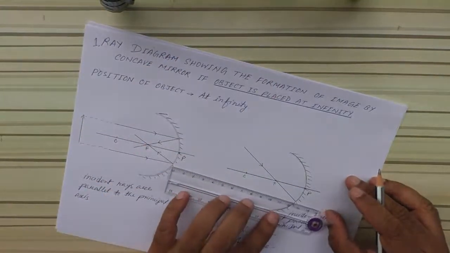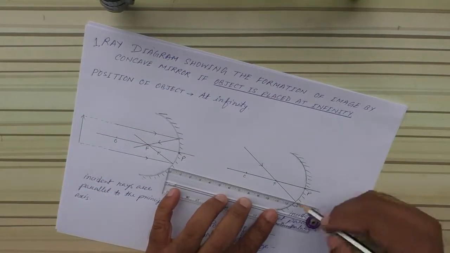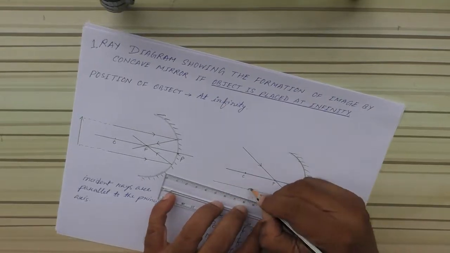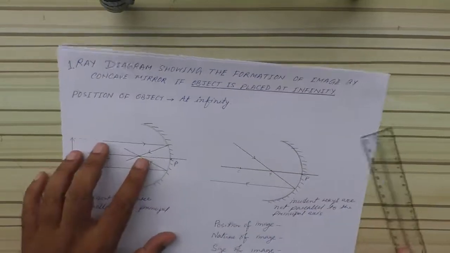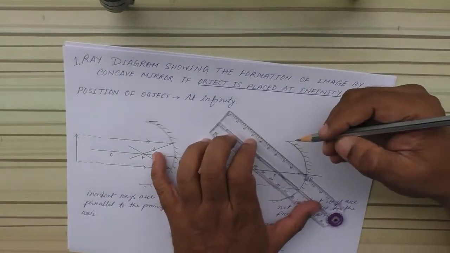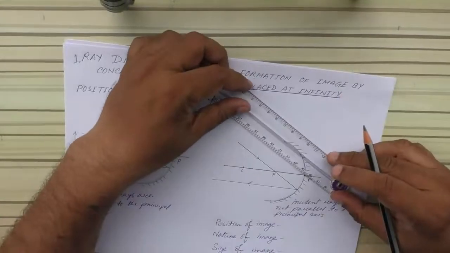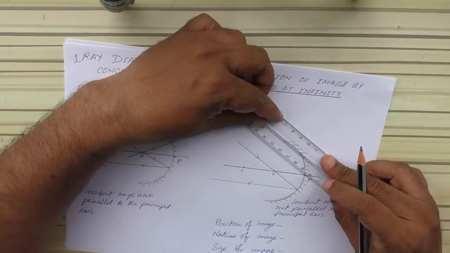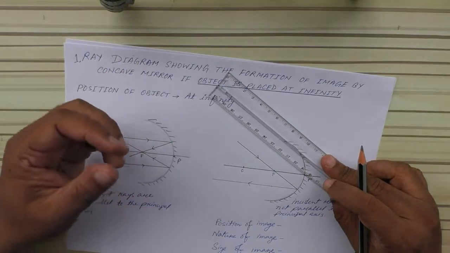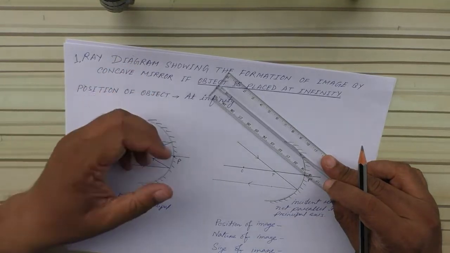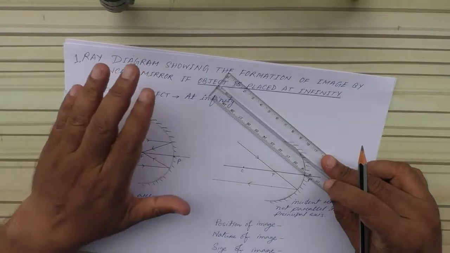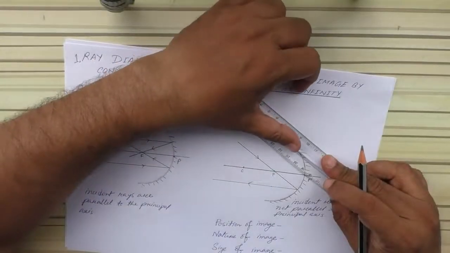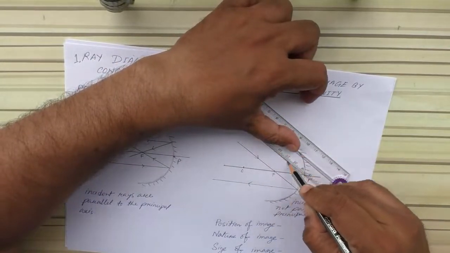We know that if a ray of light is incident after passing through the focus, it becomes parallel to the principal axis. For the formation of an image, a minimum of 2 rays are required, because an image is a point where 2 or more light rays converge, or a point from where 2 or more light rays appear to diverge after reflection or refraction. The minimum required number of rays for image formation is 2. So the first one I have drawn, and the second one I am drawing.